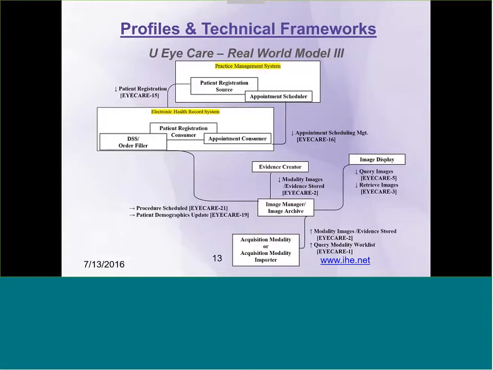And of course, you have RealWorld Model 3. Again, you have actors and transactions. The department system order filler no longer supports DICOM at all. So the main difference here is that the image manager raises the bar in their system and says, I can do DICOM work list as a server, and I'm able to then manage the acquisition system.